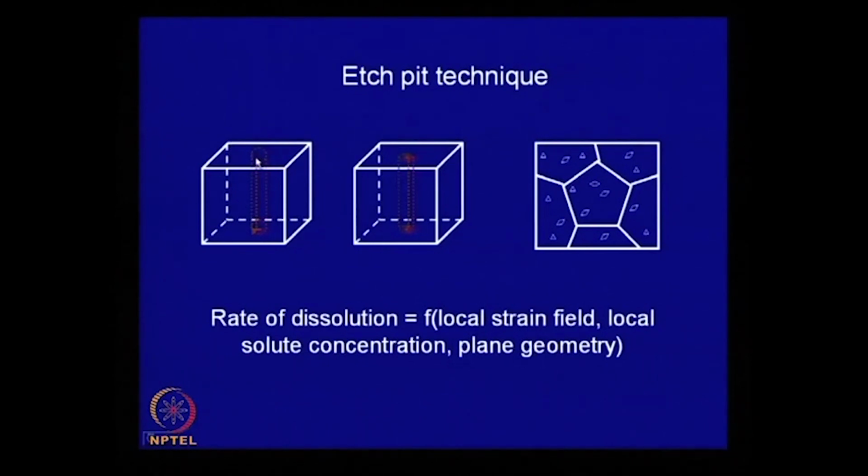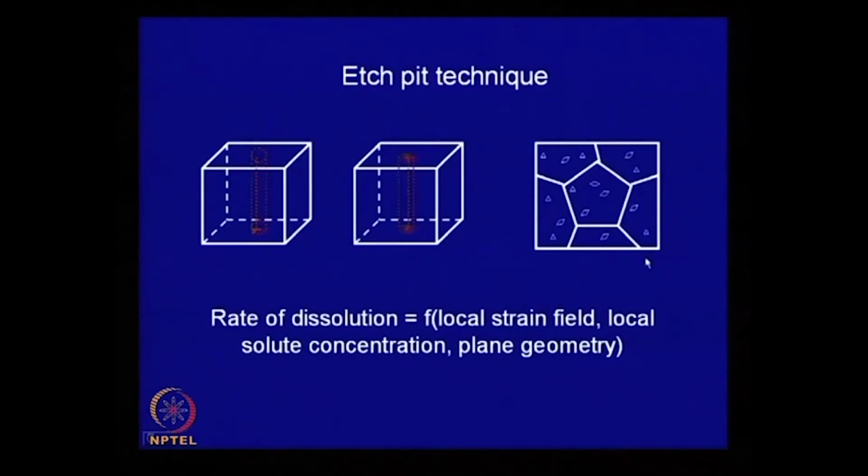This portion will be attacked more than the rest, and this develops a pit with a certain geometry. Similarly, a pit along a screw dislocation will have another geometry.